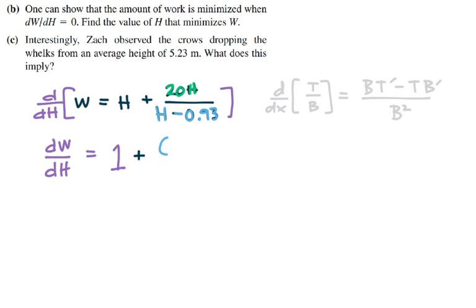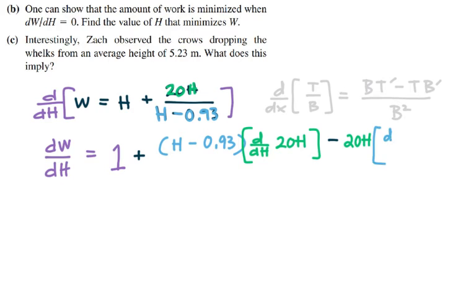So I've got bottom h minus 0.93 times the derivative with respect to h of the top, which is 20h, minus the top, 20h, times the derivative with respect to h of the bottom, which is h minus 0.93.